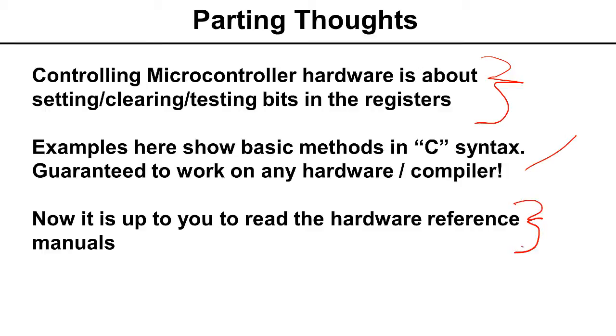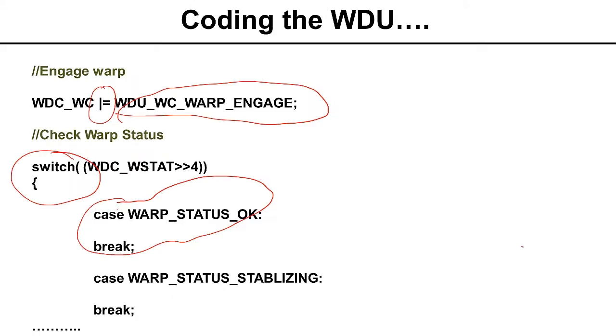Now, lastly, you might say, what if my controller has a bit set instruction? Think about what this is doing. I'm reading the state of the bit, ORing some numeric value with the register, then dumping it back. That sounds like 3 or 4 operations.